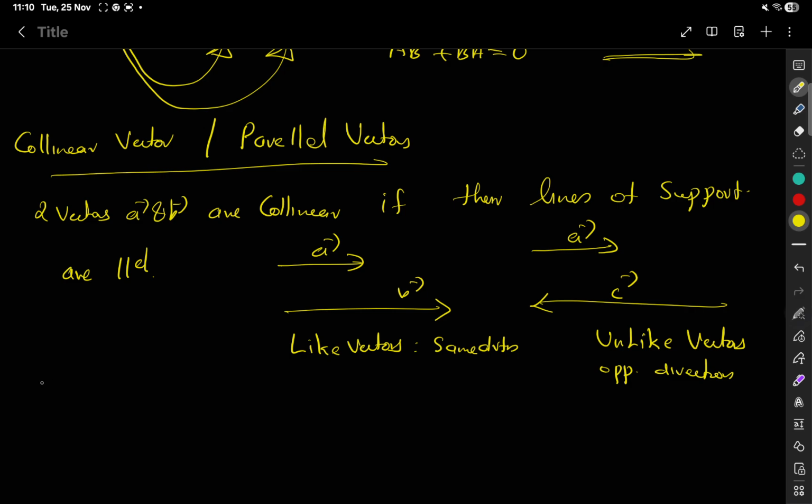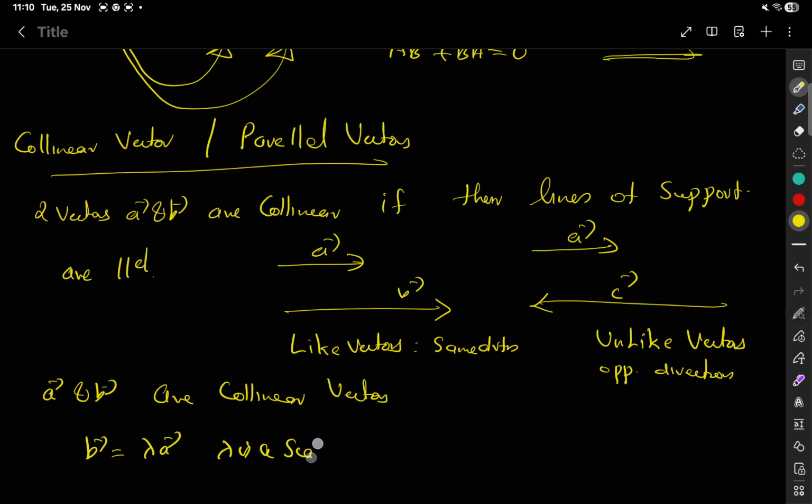Okay, and one more thing is, if A and B are parallel or collinear vectors, then B can be written as lambda A or A can be written as lambda B, where lambda is a scalar. Okay, that's very important. If A and B are collinear vectors, I can write B equal to lambda A. Clear?